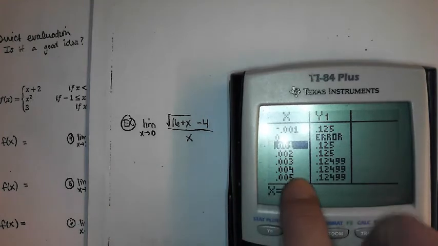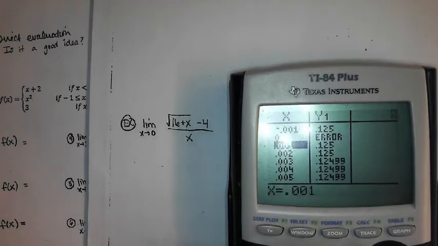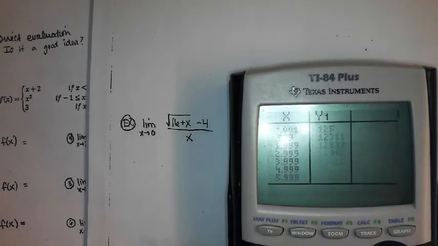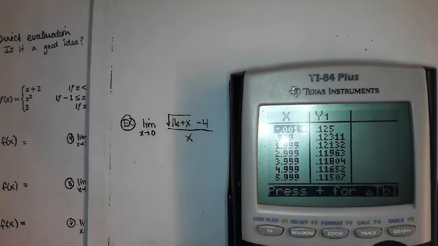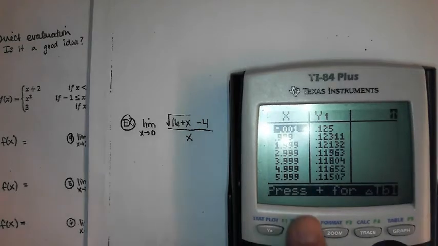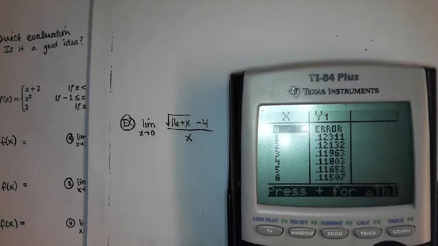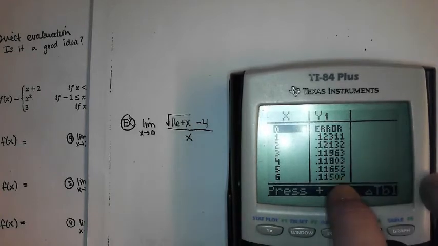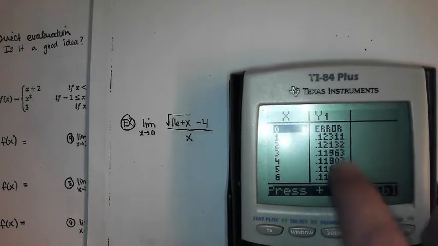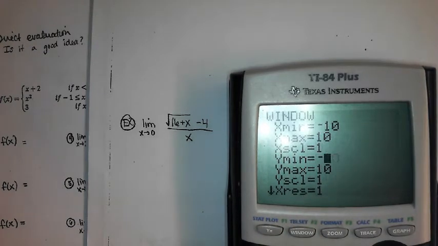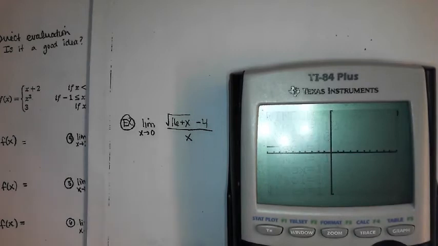First of all, my table is changing by 1/1000, so I'm going to make it change by just 1. Now it's starting at 0.001, so I'm going to have it start at 0. The reason I'm not seeing anything is because it's so tiny. So I'm going to make my y window go between negative 1 and 1 and hope that makes me see more. Good.